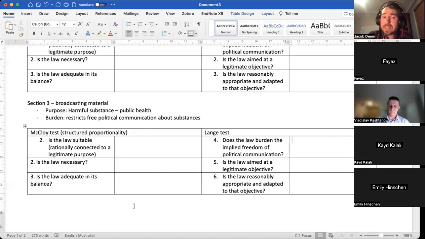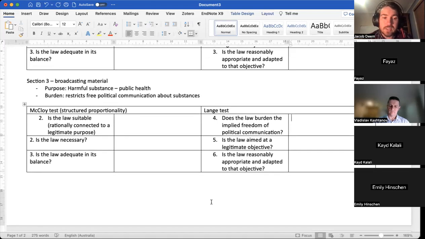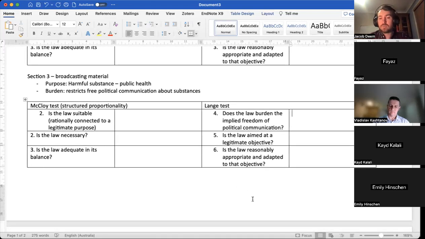But in terms of planning the answer itself, I would suspect that you'll have an easier time working through the Lang test first, and then that can inform the way that you think about structured proportionality. If structured proportionality works for you, by all means, use that approach. But I think most people find Lang a bit easier to work through in the first instance. So we'll try that for section 3, and then we might reverse it for section 4 and see. You can decide for yourself which works better for you.